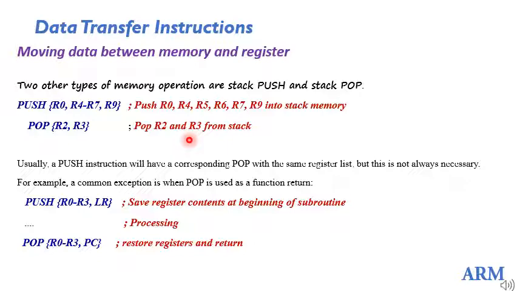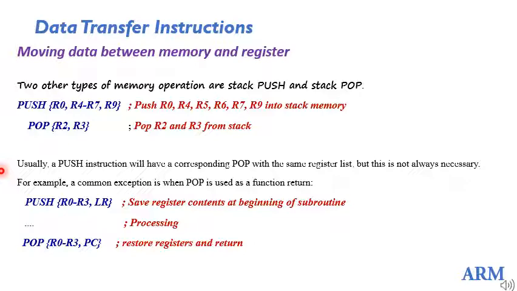And now it is going to pop the next data into R3. So as you see here, stack memory is a decreasing memory, that is, the addresses grow in the decreasing order. So when you are pushing data onto the stack, the memory addresses decrement, and when you are popping data from the stack, the memory addresses increment.